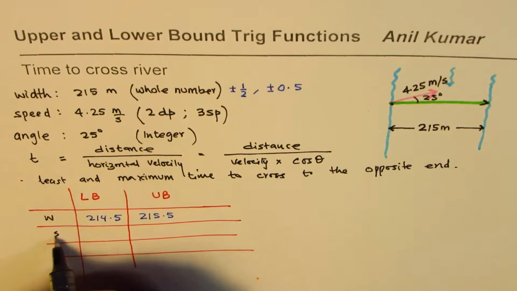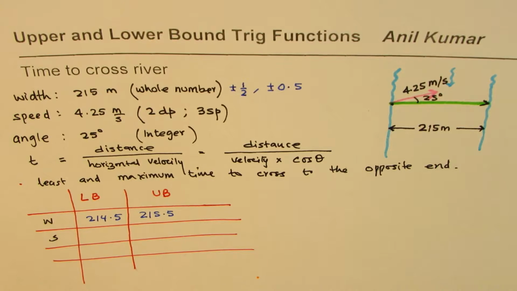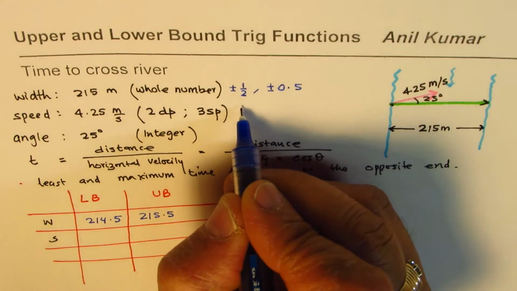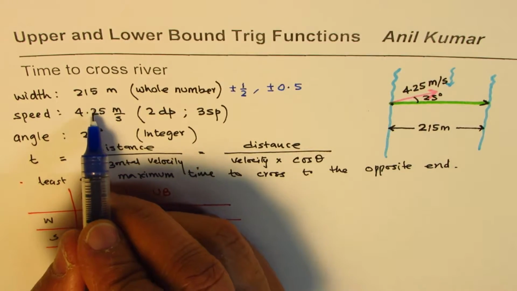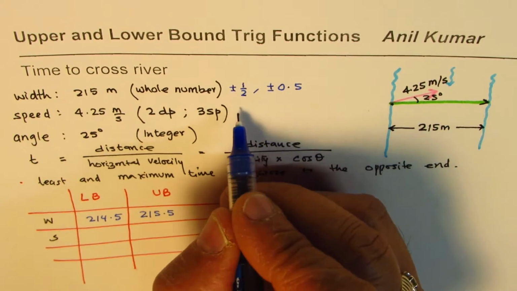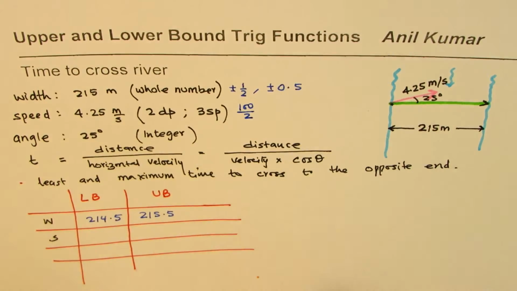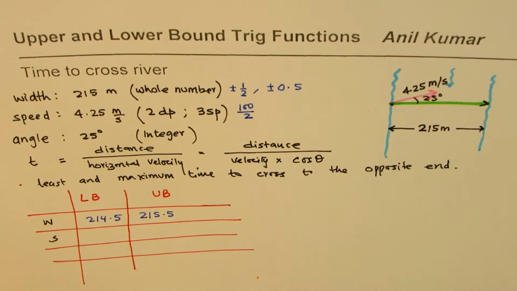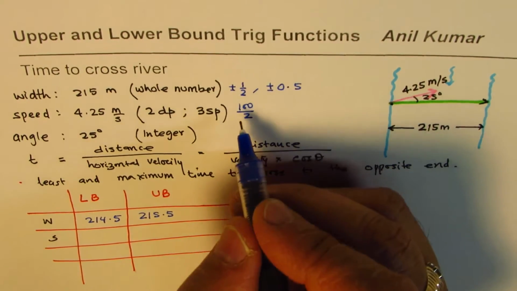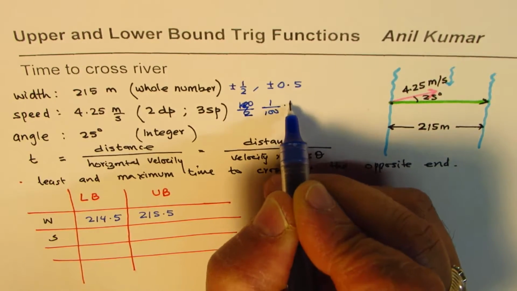As far as the speed is concerned, we have 4.25. Now in this case, we are talking about two decimal places, right? 100th place. So that means this is 100, this was rounded to 1, so 1 divided by 2, so it is 100 divided by 2, right? 100 divided by 2 means times 2.